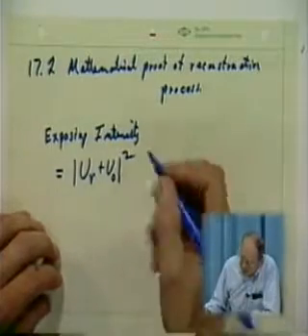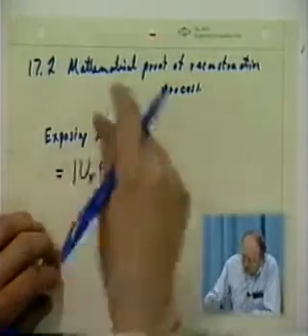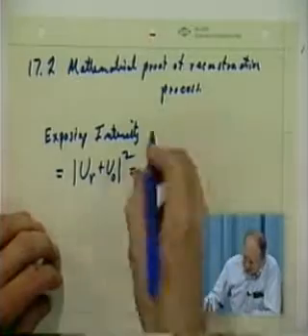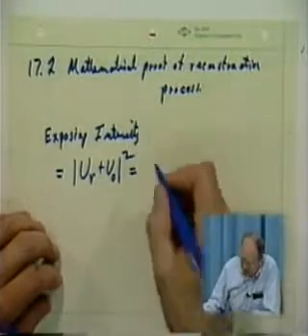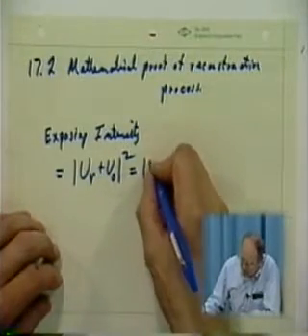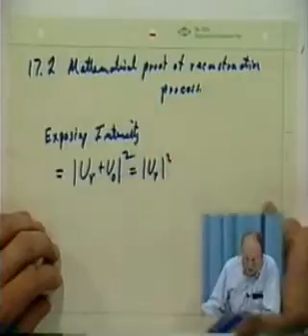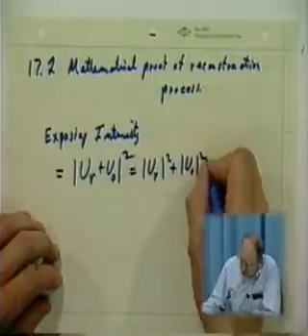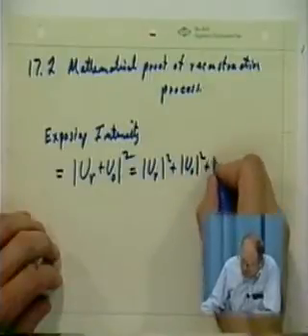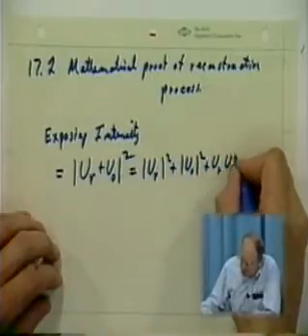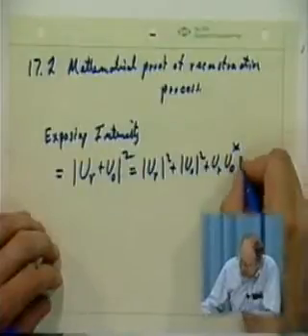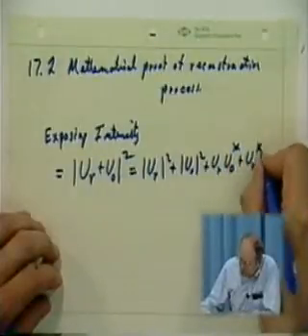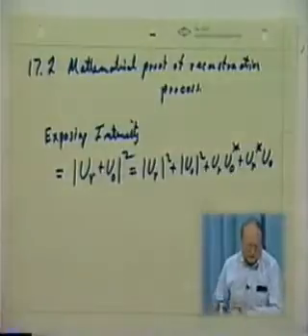We've done this the whole semester here. But instead of writing it in terms of a cosine, when I square this, I'm going to write that as U sub r squared plus U sub O squared plus U sub r U sub O complex conjugate plus U sub r complex conjugate U sub O. Okay?